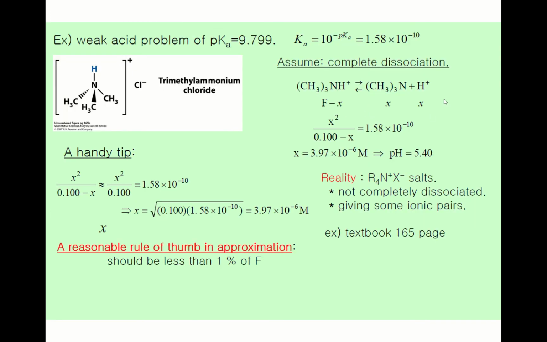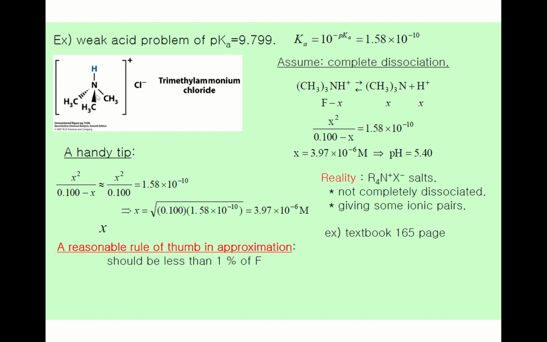Now let's consider again the weak acid problem where the pKa value is small. This one, 3-methyl ammonium chloride. When this compound is dissolved in water, the chloride completely dissociates, and we have only this ammonium ion.